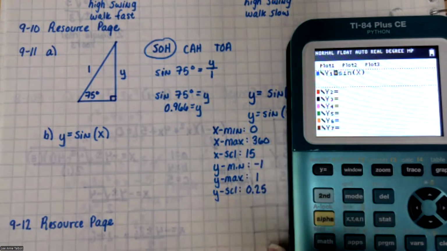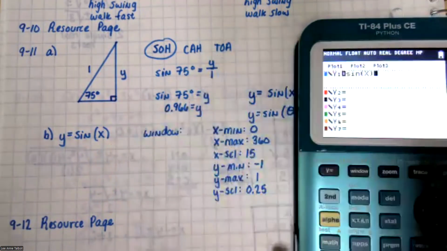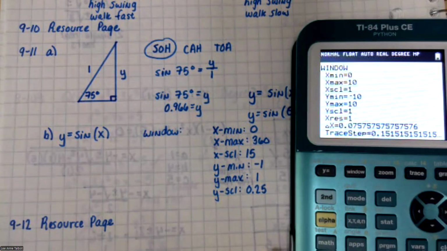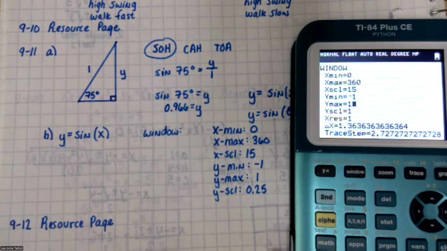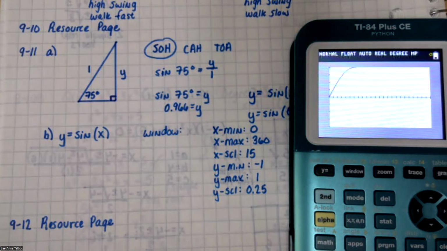And then you're going to go to the window button, which is right next to the y equals button, and you're going to make it match this. And then when you're done, hit the graph button. Oh, satisfying.